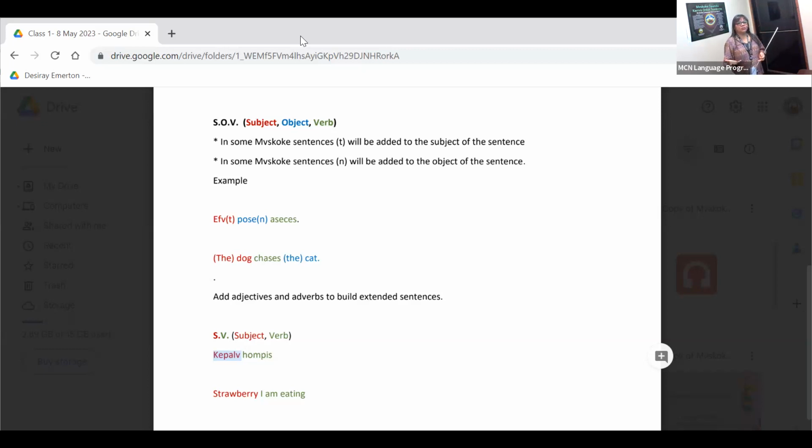A lot of things are situational, or sometimes the whole word changes. Like in English, if you're talking about a man, it's man, but if you're talking about men, it's men. It's a completely different word. So that's what happens a lot of times in our Mvskoke sentences for more than 1.